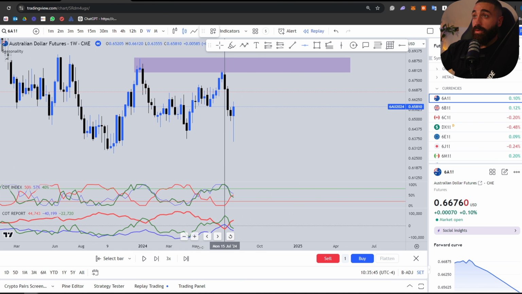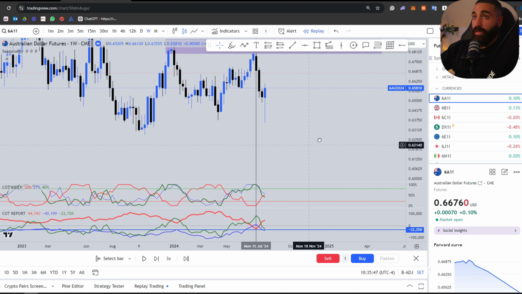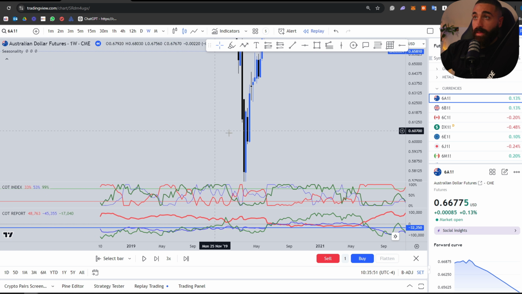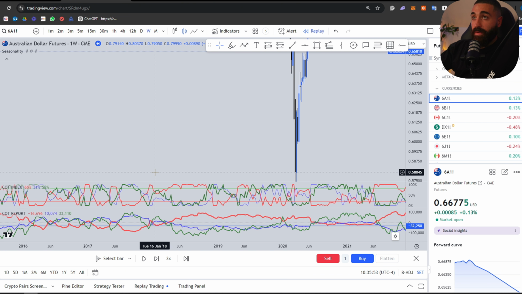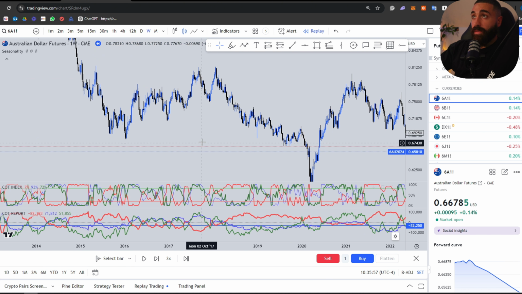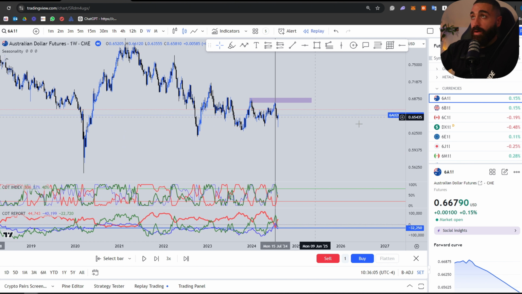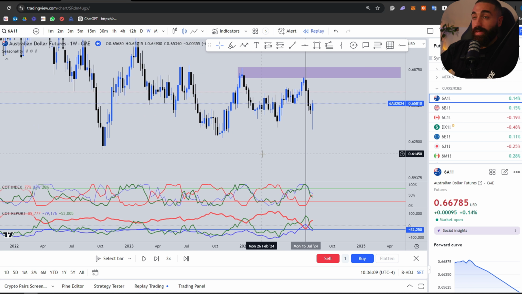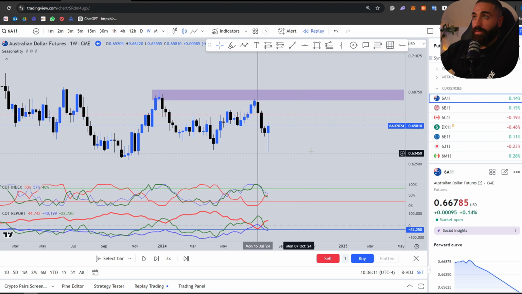If I compare it to the previous behaviors, we can see that they have not been this bearish for a really long time. Okay, and the last time they were, what happened? We saw this big decline right here as an example. So now we understand that if the commercials are this bearish, then we expect a move downwards.